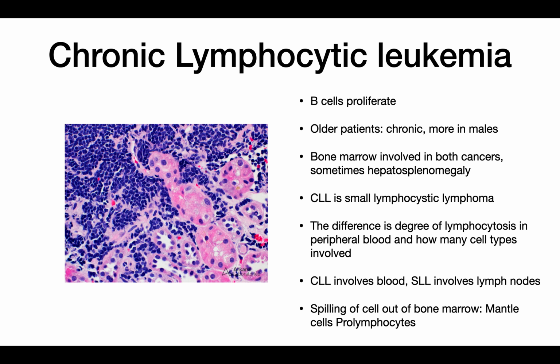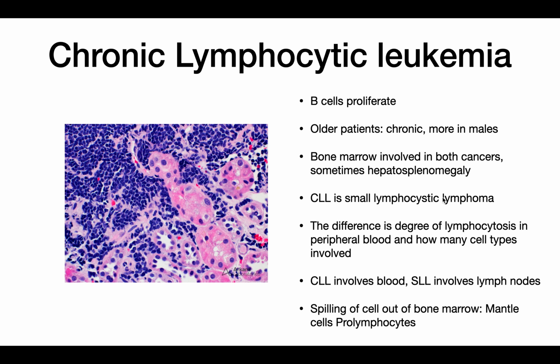So chronic lymphocytic leukemia is when the B cells proliferate, and they're all involved in older patients, and they're chronic. And they're found more in males. And sometimes there is hepatosplenomegaly, but bone marrow is always involved. The chronic lymphocytic leukemia is basically the same as small lymphocytic lymphoma, but the difference is the degree of lymphocytosis in the peripheral blood and how many cell types are involved.